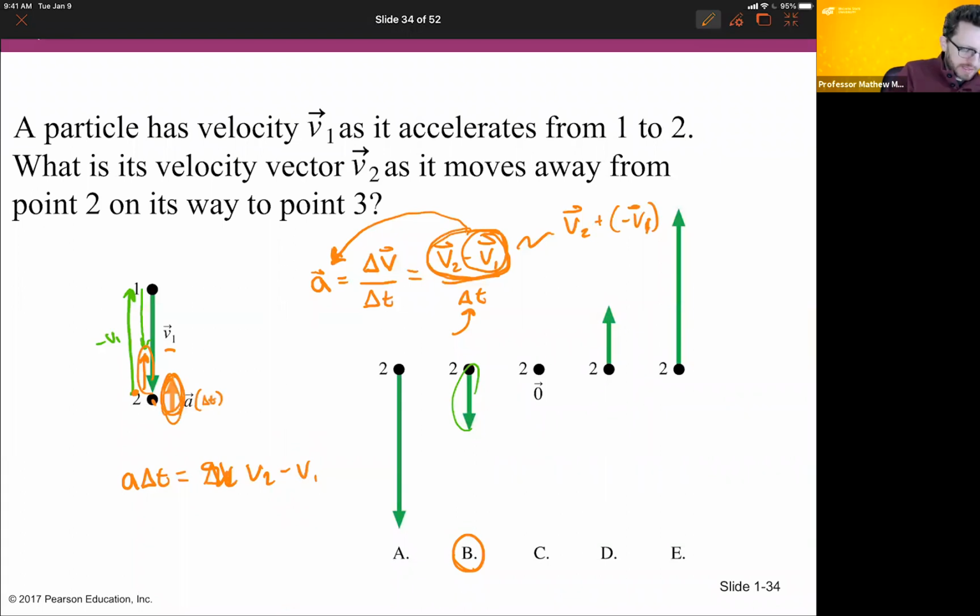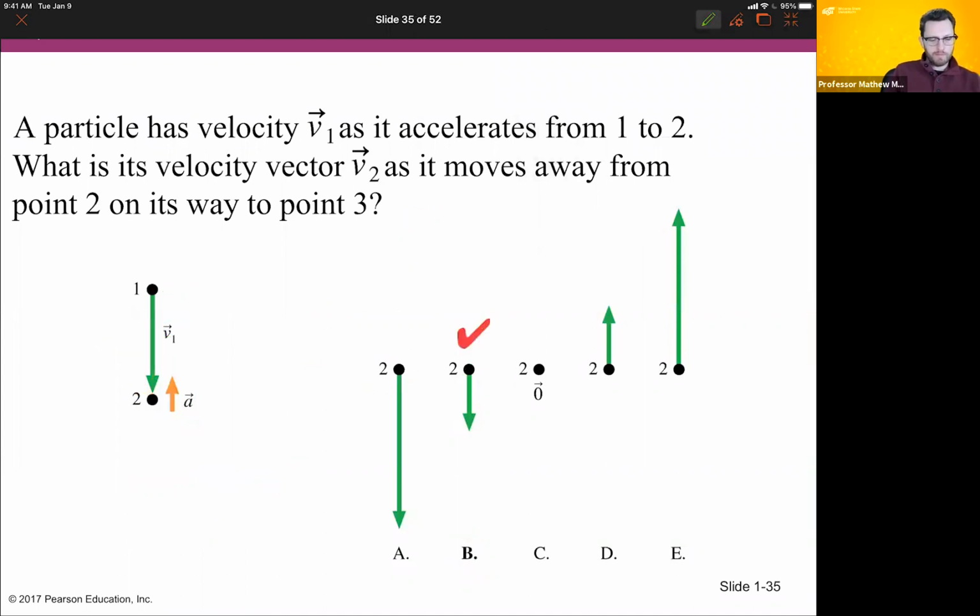And what I can see is that V2 is just going to be equal to V1 plus A delta t, if I add V1 to both sides. So I could have also done this by taking V1 and adding that acceleration vector to it, and the result is a vector that points down like this, and that has to be V2, and that also matches this vector.